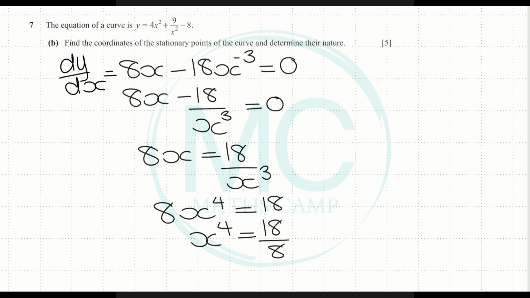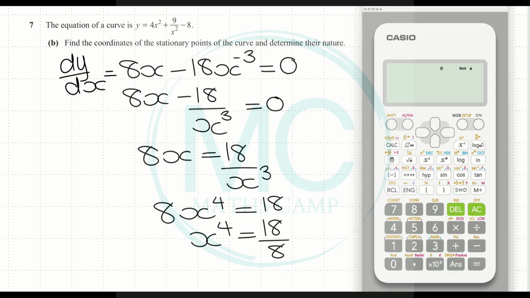Now to find x, you can take your calculator and we can say the fourth root of 18 over 8 is equal to 1.224, but we can't get a fraction to this value, and it becomes a little bit more difficult when we have x values with so many decimals. So in a case like this, what is easier is to square root first, and then we'll see if we need to square root our answer.